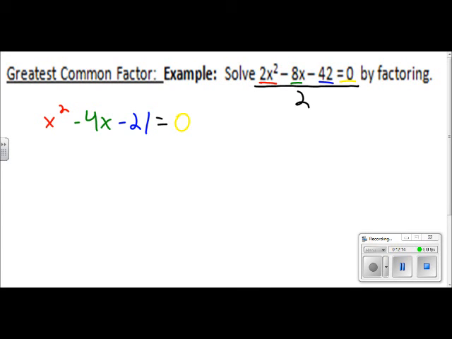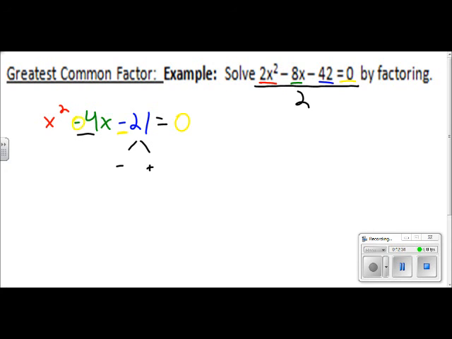Now that we've factored a greatest common factor of 2 out, we can begin to factor the rest. In which case we're looking for the factors of negative 21 that add up to negative 4. Because the product is negative, one's going to be negative and the other is going to be positive.